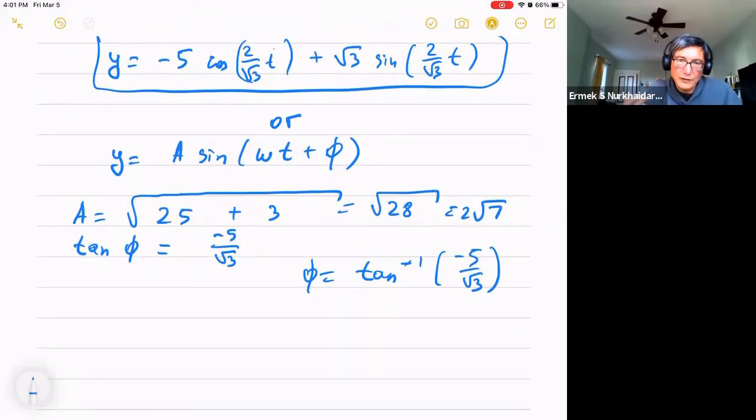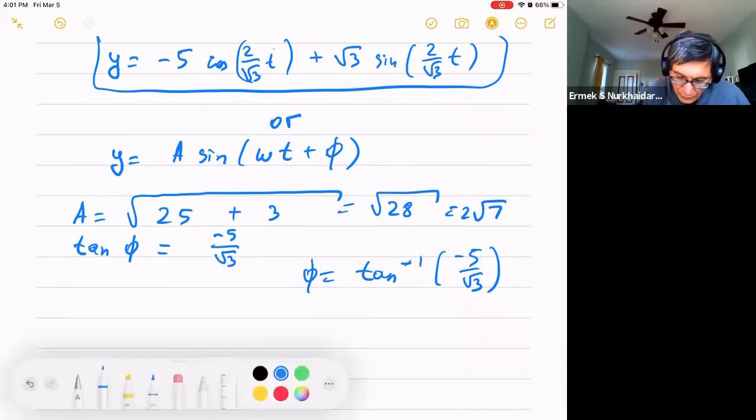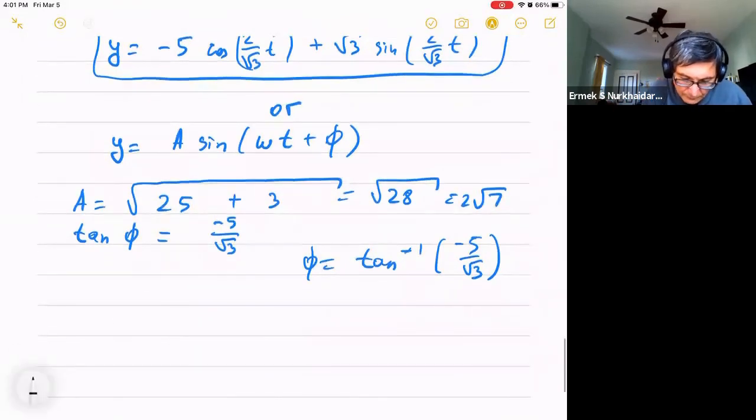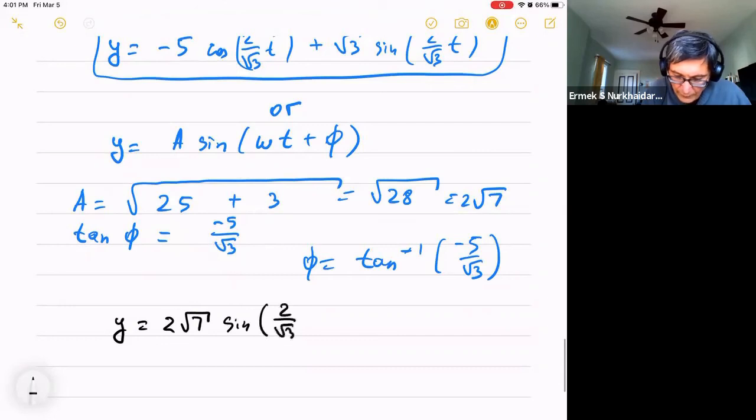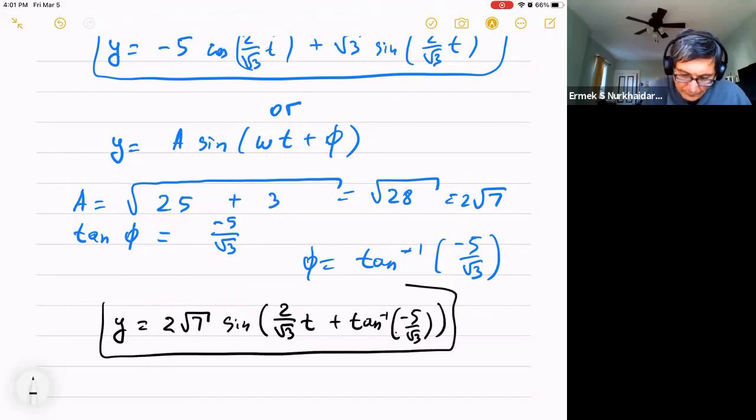So if you like, calculate that expression, or if you don't like, just keep your answer the way it is: 2 square root of 7 sine(2 over square root of 3 t plus tangent inverse of negative 5 over root of 3). So something like that.